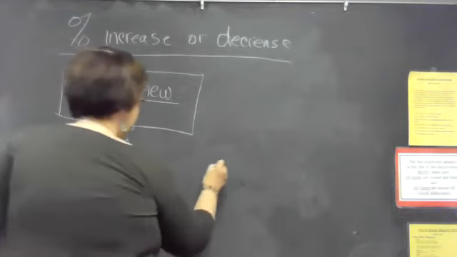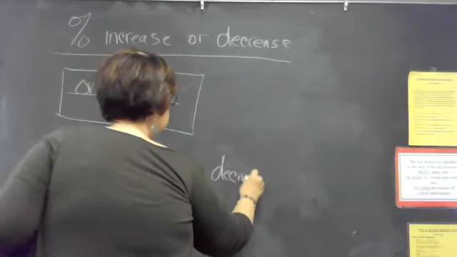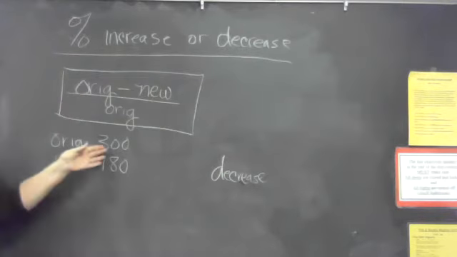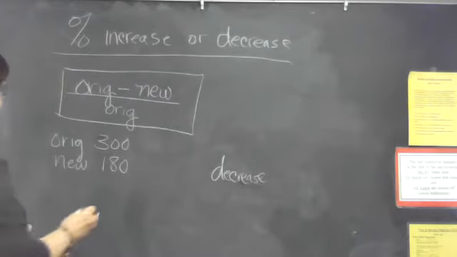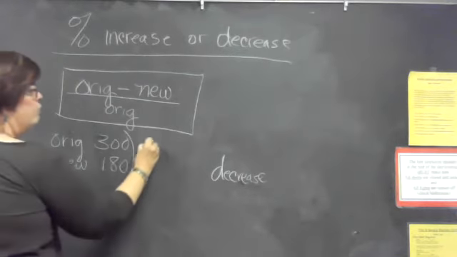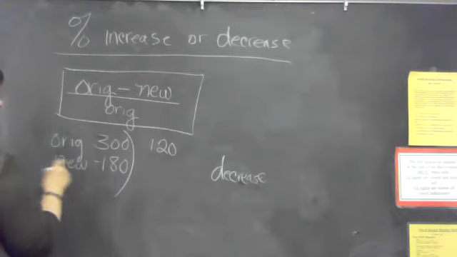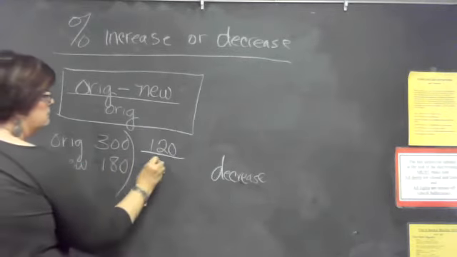So we're going to find a percent decrease. What we're going to do is subtract the two numbers, and we should get 120. Yes, so I have 120 because I subtracted these two, over the original.